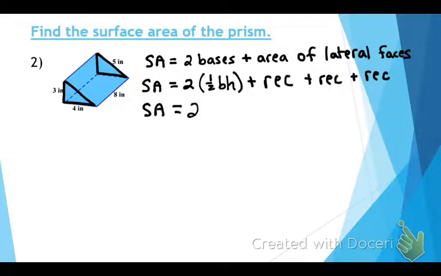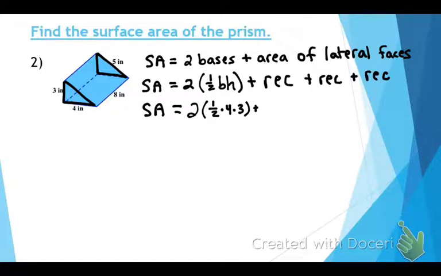At this point, you can start plugging some numbers in. So we know we're going to do half times the base. You can see our base down there is going to be 4 inches, and then the height for that triangle base is 3. Now, this is where it gets tricky. When you're looking at your different rectangles, each of these rectangles are actually going to have a different length.